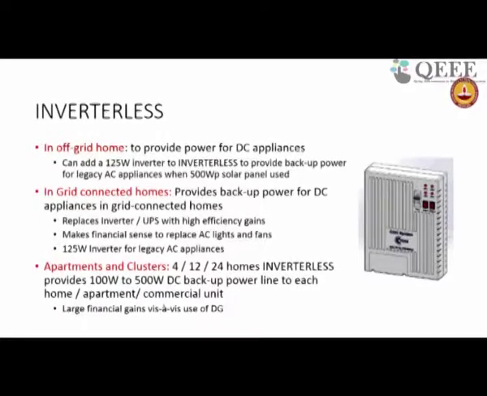And today, for an off-grid home, of course, you can give power at a very, very low cost. And in an assignment problem, I actually ask you to solve a problem. I've given you a home which is actually bigger than what you may even use. I've given 2 fans, 2 tube lights, 2 bulbs, a television in the assignment problem. It's a small home. If you need even less, then cost is going to be even less. In a grid connected home, if you are using an inverter, it makes immense financial sense.